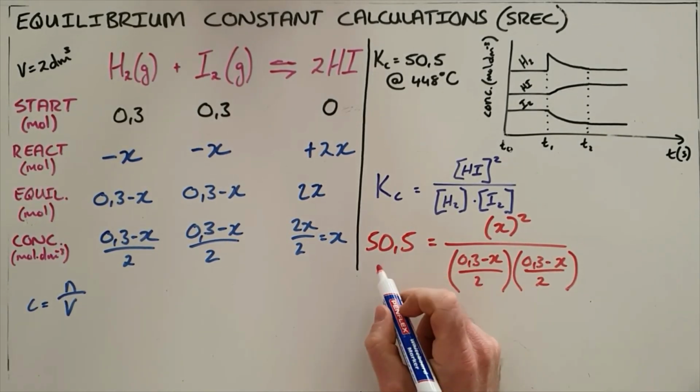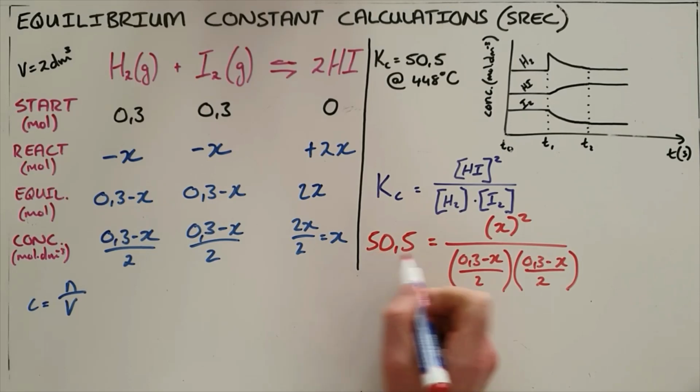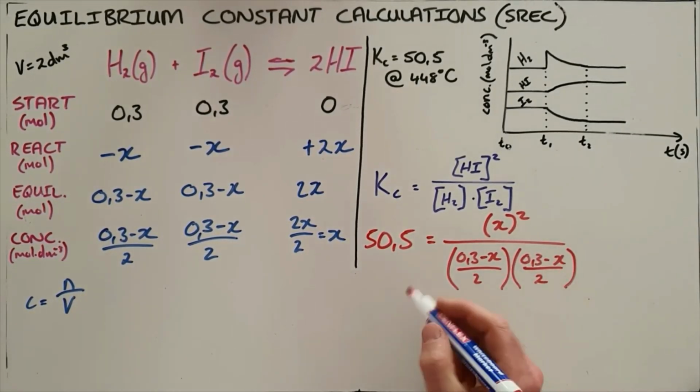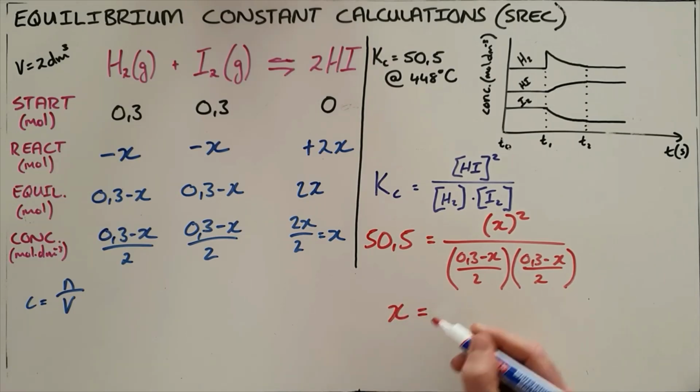We can say that we were given an equilibrium constant of 50.5. We substitute those terms for concentration in, and by doing the algebra, we solve to find that x has a value of 0.23.